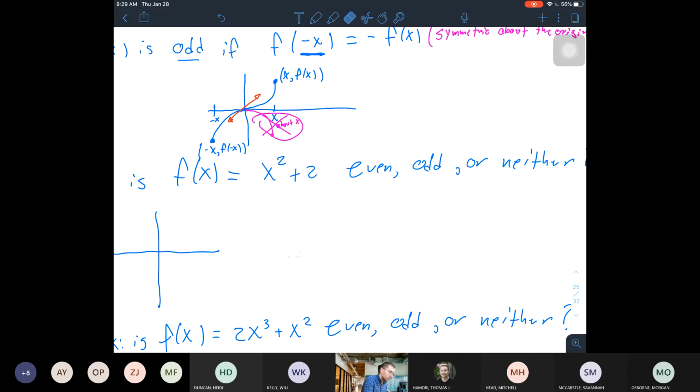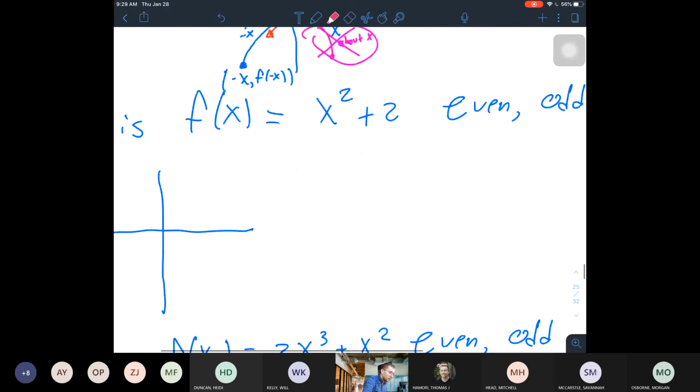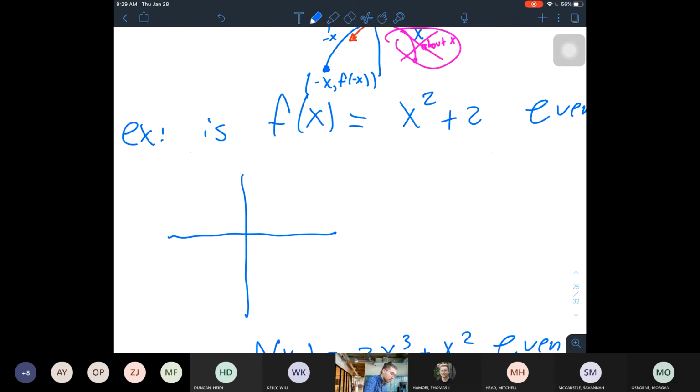And here's why. What this equation says is basically f of x, in other words, the height of the function, should be the height of x squared, and then we should take that height and add 2. So we take a parabola and we just move it up by 2 units. So we go 1, 2.